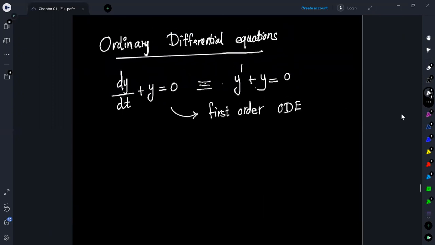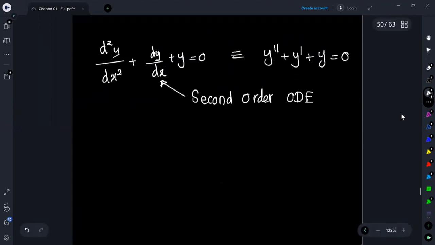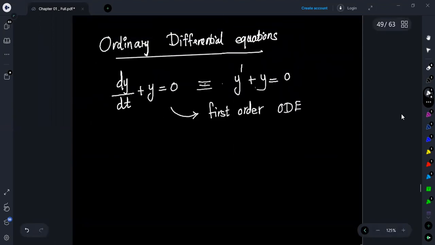So these two cases, the first order and the second order, are differential equations. Actually, we cannot obtain the exact answer for such ordinary differential equations by using the Laplace transform alone. To obtain the exact solution, we need to consider some additional conditions as well. We call these additional conditions initial conditions.